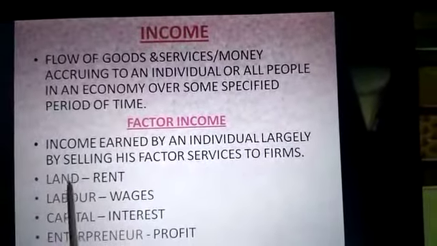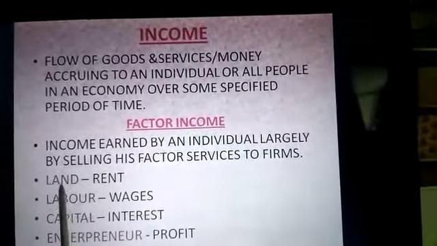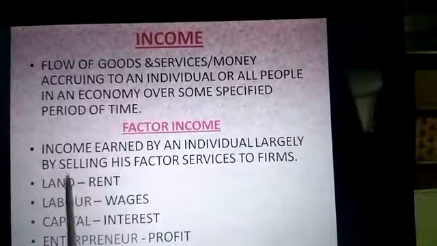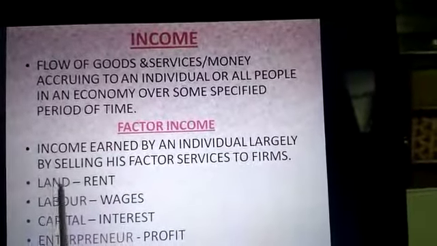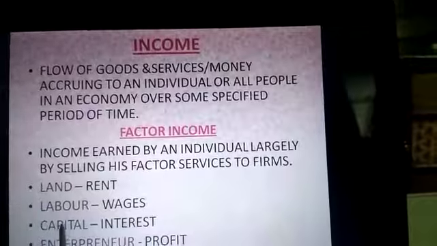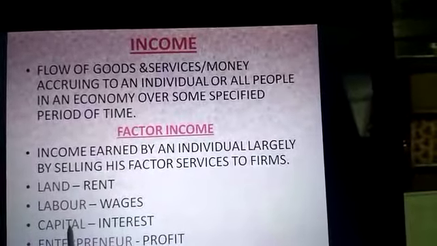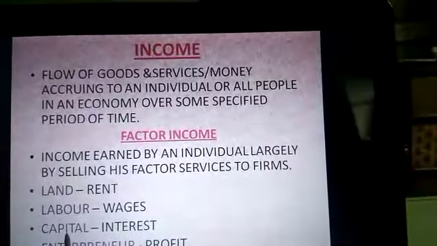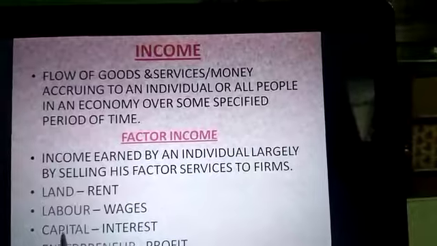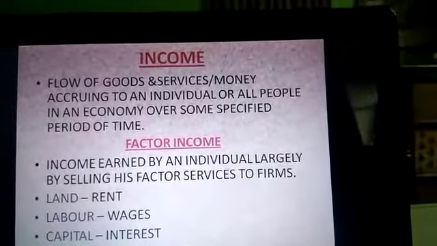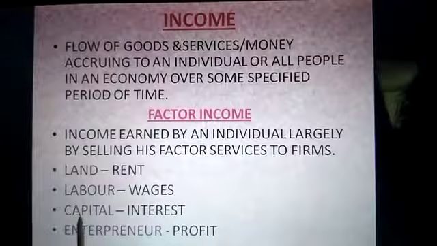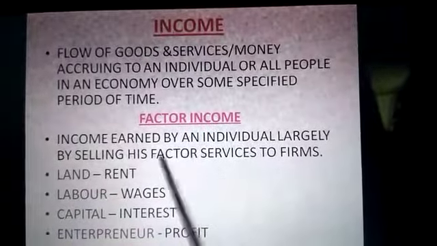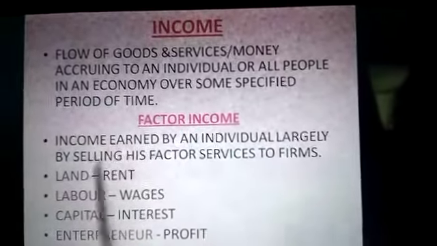When a person uses somebody else's land, that land does not become his. He only gets a right to use the land for a certain time period. When a person lends you 1,000 rupees for production, you only get a right to use the money for a certain time period, after which you will have to return it to the person again. Got it? So that is why it is referred to as factor services.